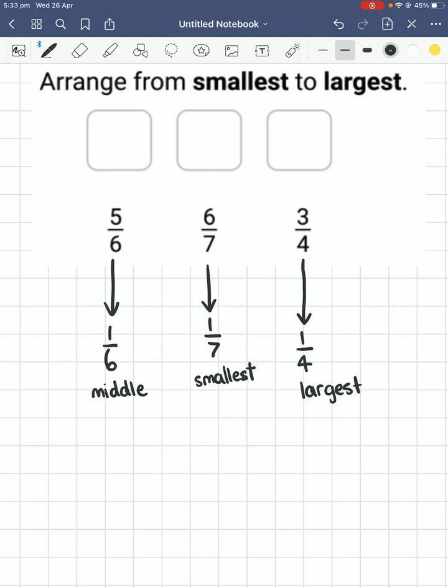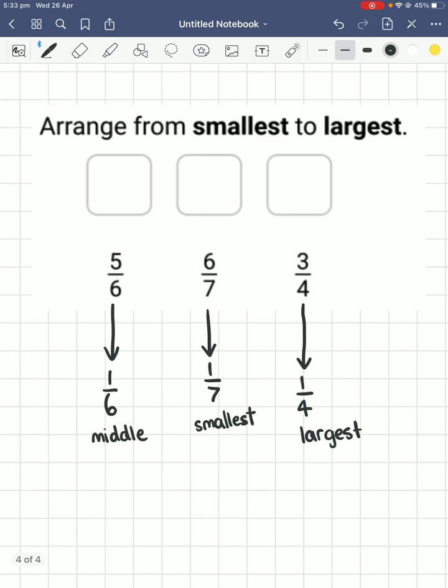Okay, so I've ordered my unit fractions, but remember the question was asking us to order these fractions up here, so don't stop there. And basically all we have to do is reverse the order, because if you're taking away a small amount, you're going to be left with a larger amount. So if 1/7 is the smallest, that means 6/7, the remaining part, is going to be the largest.